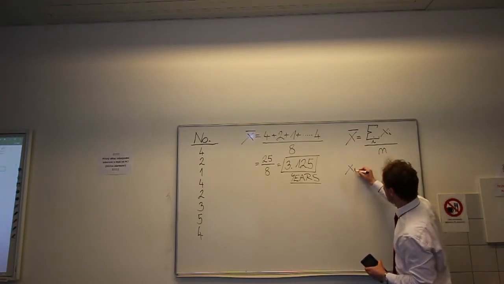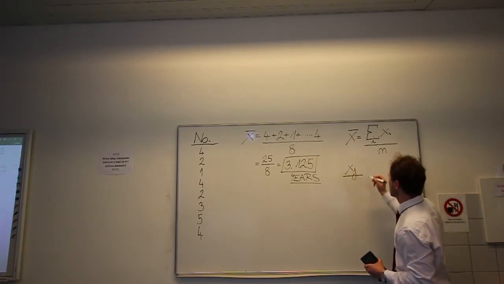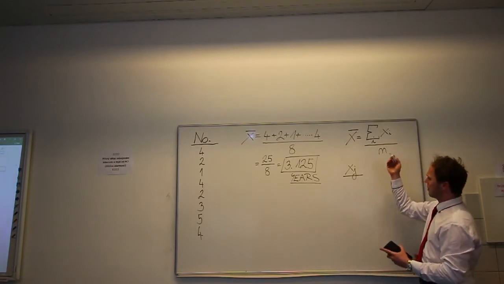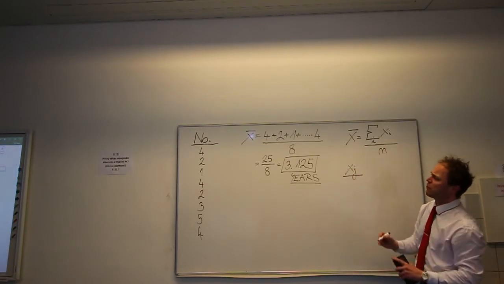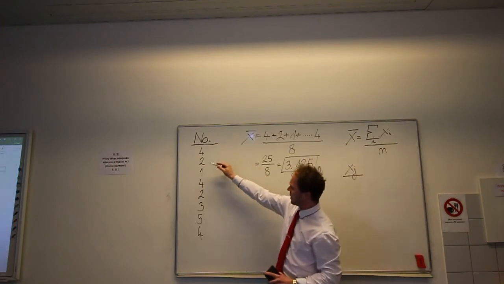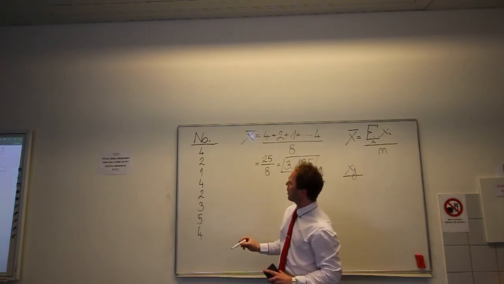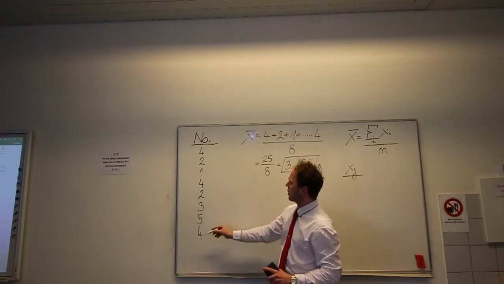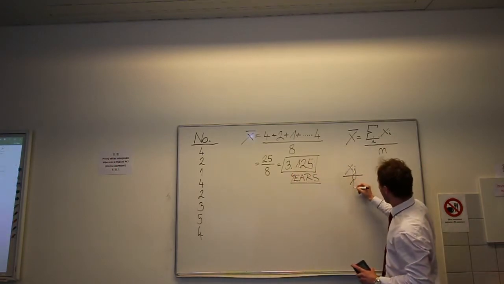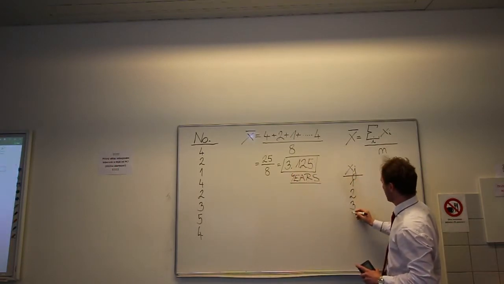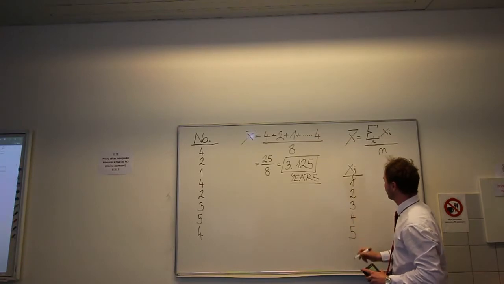Now I will use, for example, j, the values of this variable. You can see that we have here values from 1 to 5: 1, 2, 3, 4, and 5.